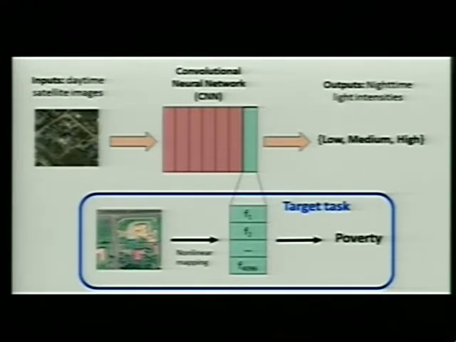Then we train this deep learning model, which is called a convolutional neural network. A CNN is a type of neural network that's optimized to operate on images. After this model is trained, we can use it as a fixed feature extractor, so that we can pass in an input image and map it into a vector of features that can then be used to predict poverty.